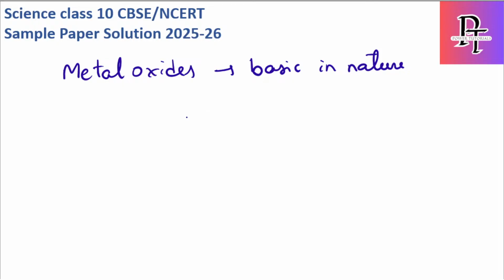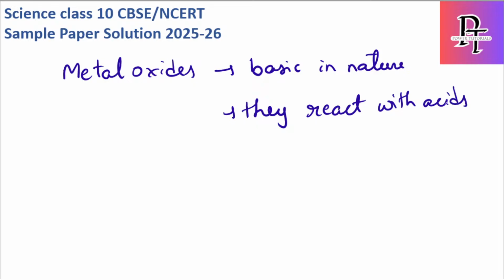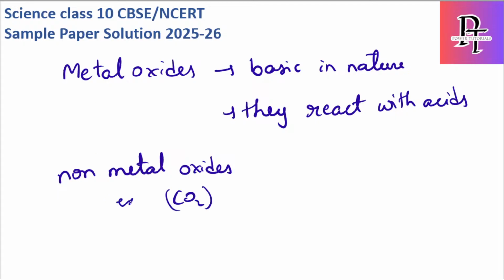As they're basic in nature, they react with acids, and they will not react with base. What about non-metal oxides? Like CO2. Example, CO2. And among metal oxides, I can see aluminum oxide, which is, okay, aluminum is amphoteric.